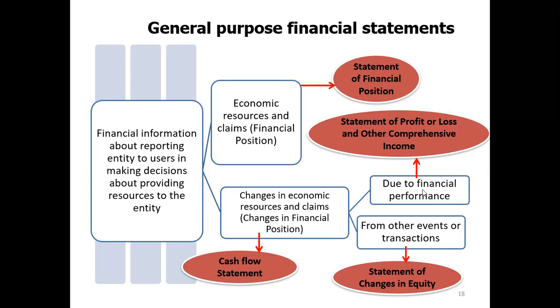It's about the financial performance. Then, what is the other factor that influences change in the economic resources and claims? That is the other events and transactions, like the issuance of equity, the issuance of debt. Those are the other transactions, and they are largely captured by the statement of changes in equity.